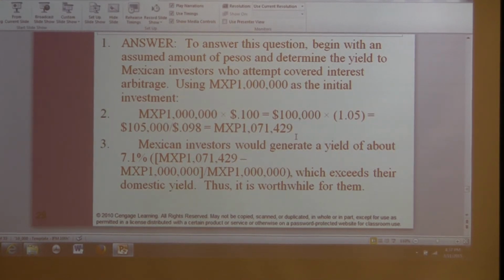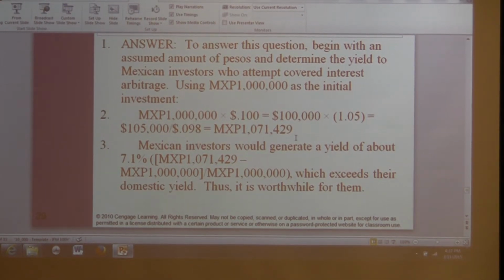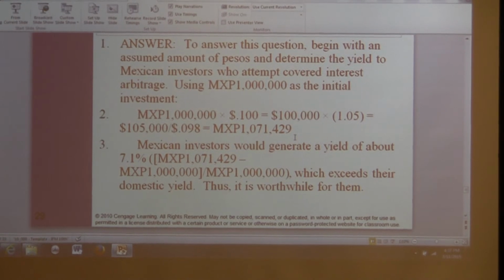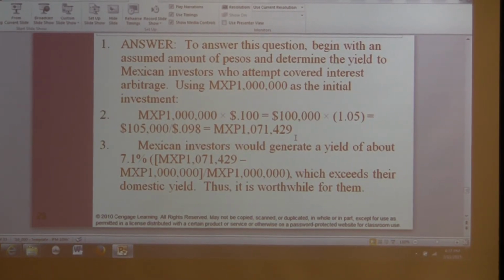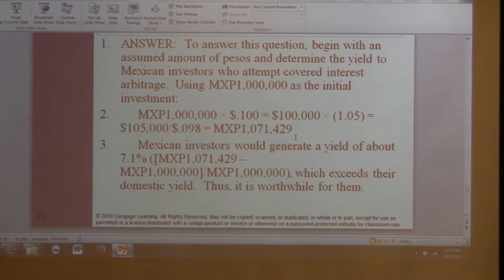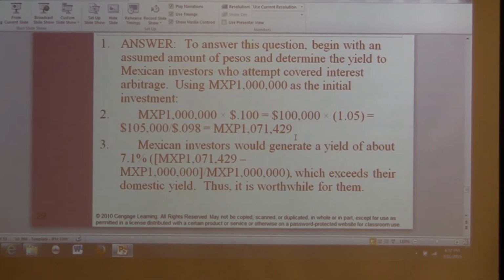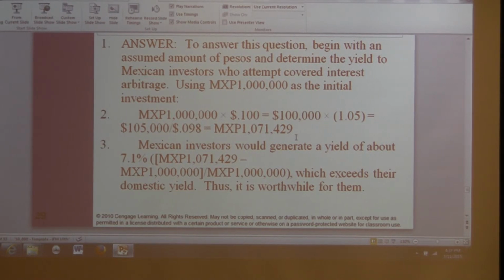At time t equals 1, so these are the steps as before. Okay, so if you're in Mexico, you want to buy the US dollar, and with 1,000,000 pesos, you get $100,000 US dollars.